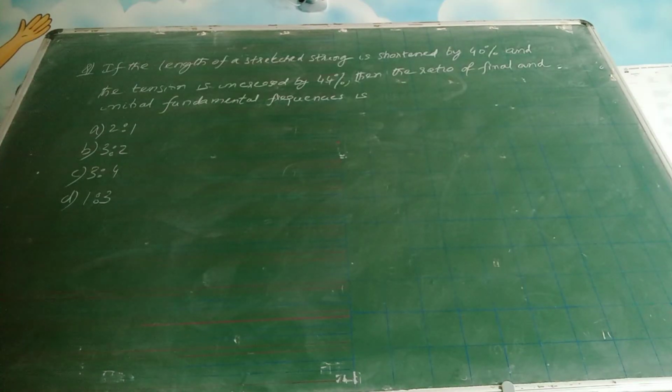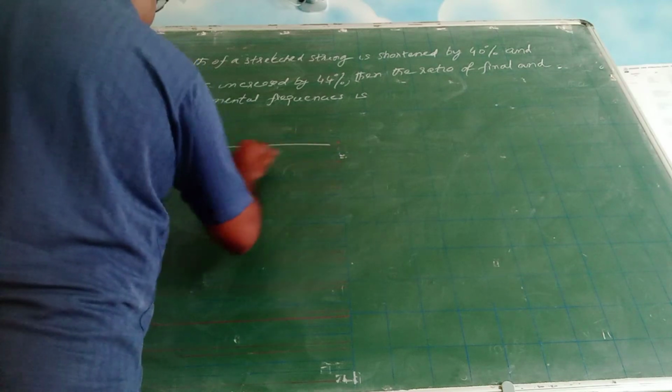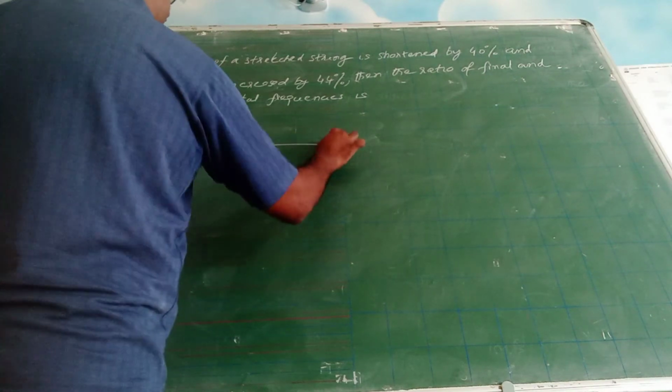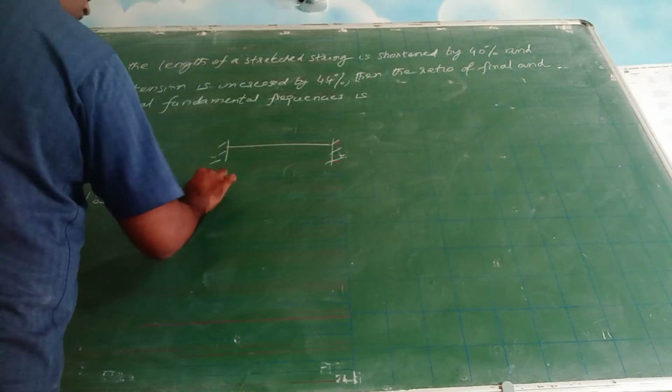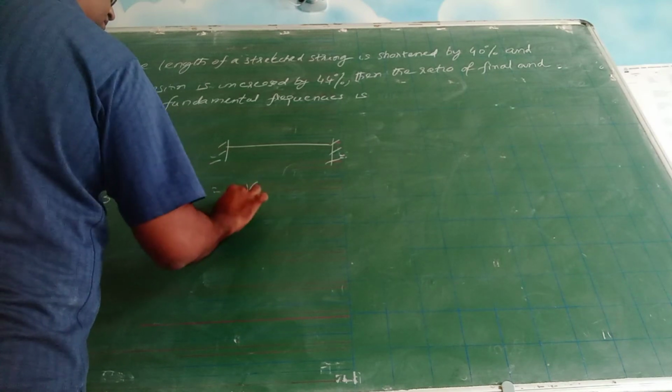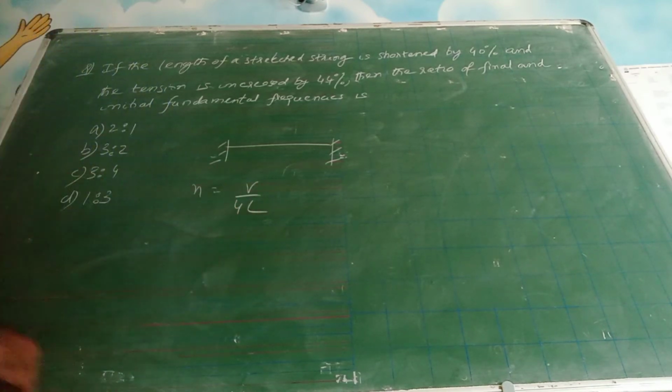If the length of a stretched string is shortened by 40% and the tension is increased by 44%, then the ratio of the final and initial fundamental frequencies is. So you have a stretched string, let us say both ends are fixed. So its fundamental frequency is v upon 4L. Okay, we have seen this derivation also.